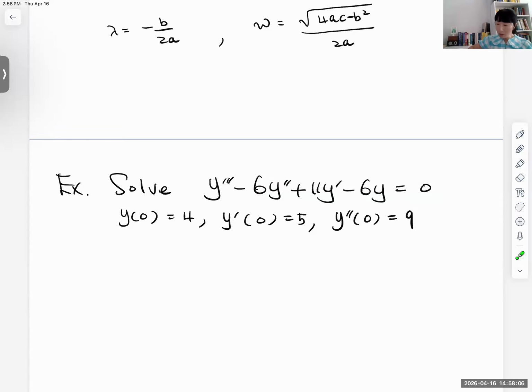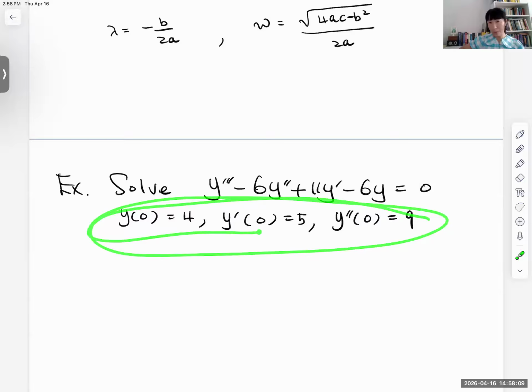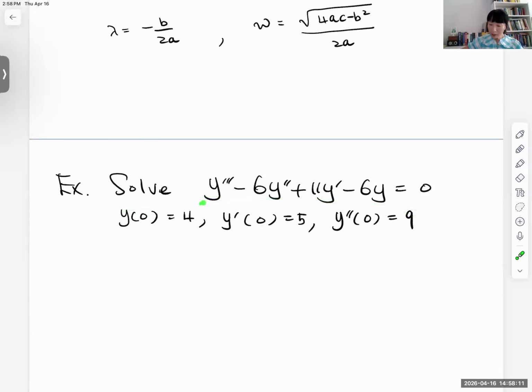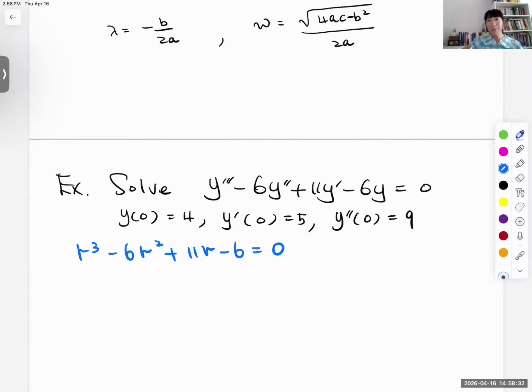Okay, now we have an initial value problem. This one we can change to the characteristic polynomial, so there will be r to the third power instead of r squared. We did that before. r cubed minus 6r squared plus 11r minus 6 equals 0.